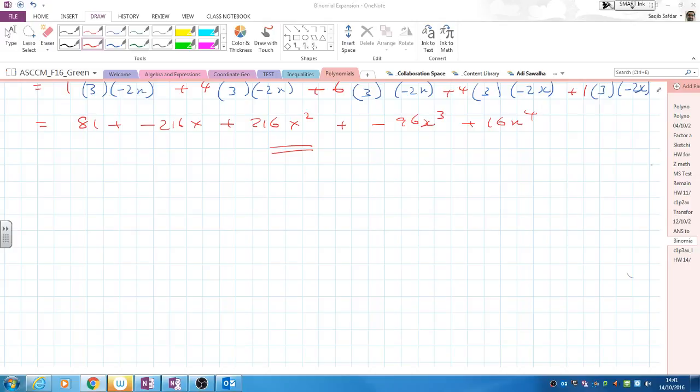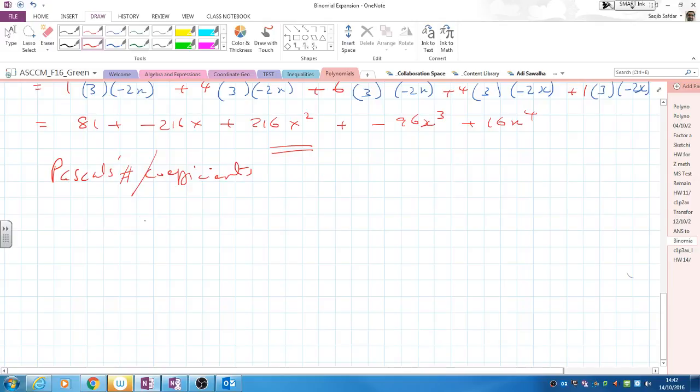The first thing is the Pascal's coefficients, or really the Pascal's numbers, are given by a formula.